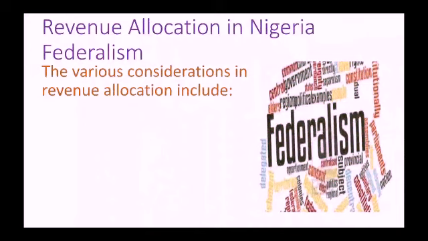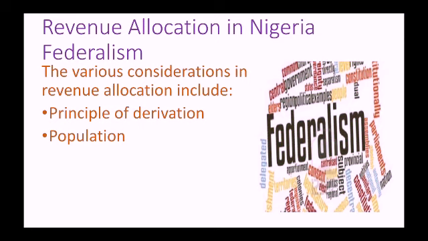So there is need for a workable formula for revenue allocation in Nigeria. The various considerations include, 1, the principle of derivation. This means that whatever is derived from a region should be taken into consideration in allocating financial resources to that region.